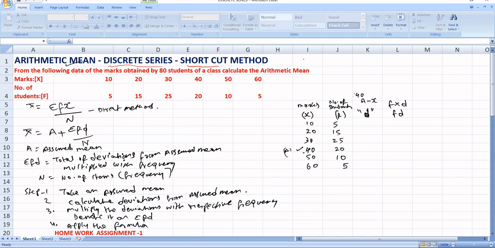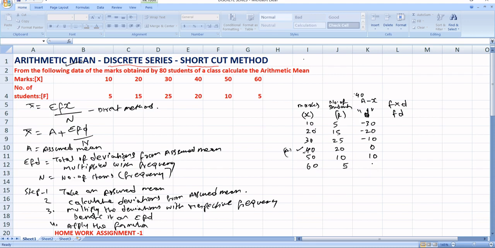Assumed mean. Now 40 minus 10 is equal to minus 30. 40 minus 20 is equal to minus 20. 40 minus 30 is equal to minus 10. And 40 minus 40 is equal to 0. Here 50 is more than 40, that is how much? 10.